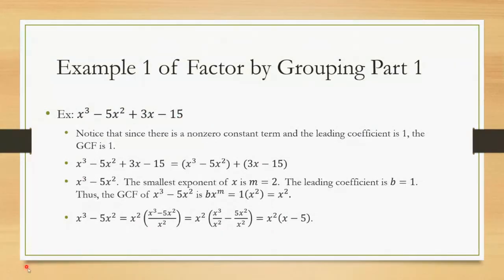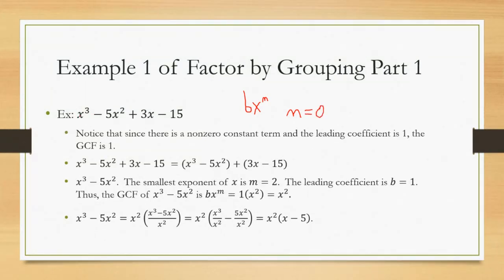So basically, let me see if I can write it out, actually. This might be easier. Remember how the GCF is of this form, b x to the m? Basically, the smallest exponent of x is 0 because there's a non-zero constant term.